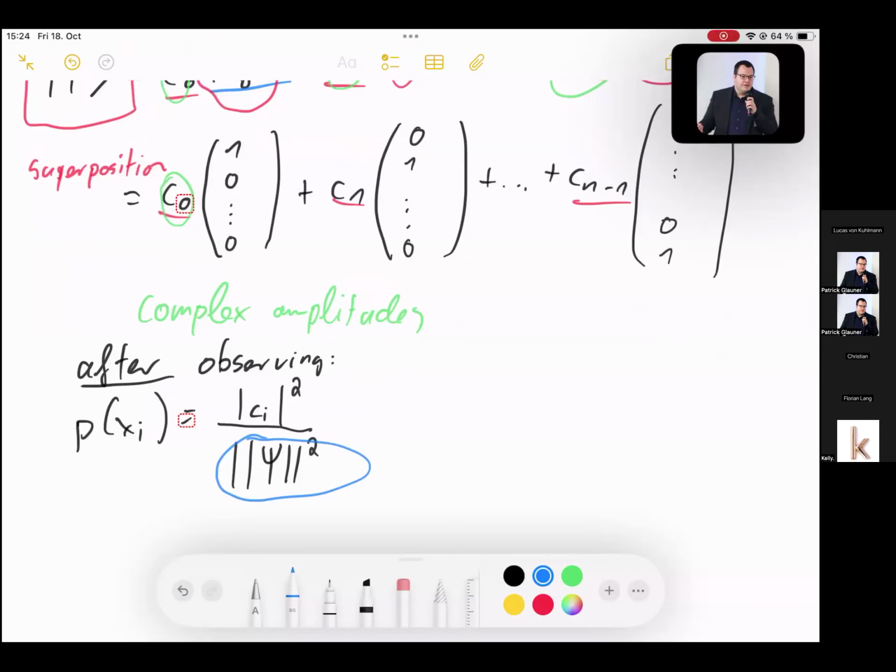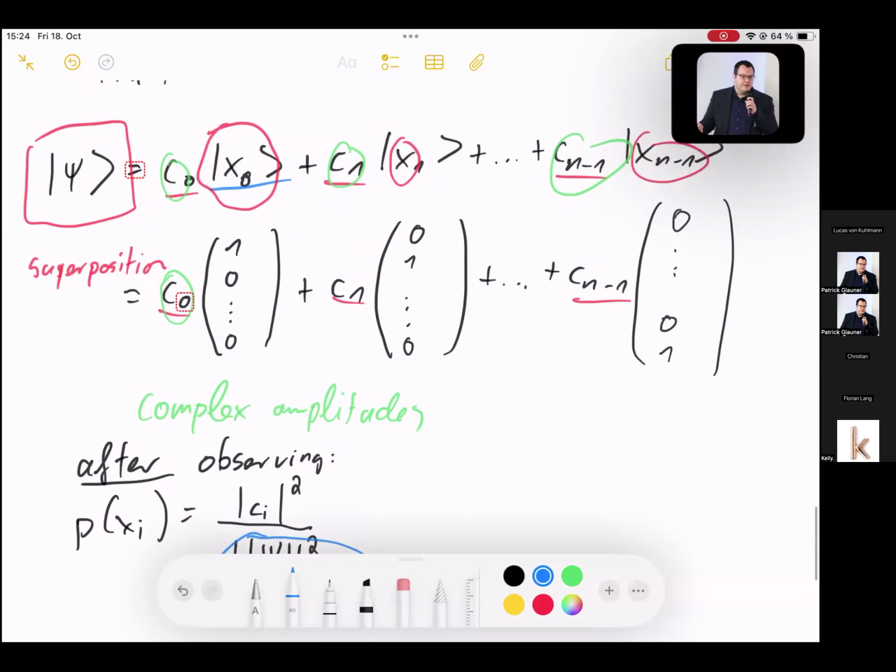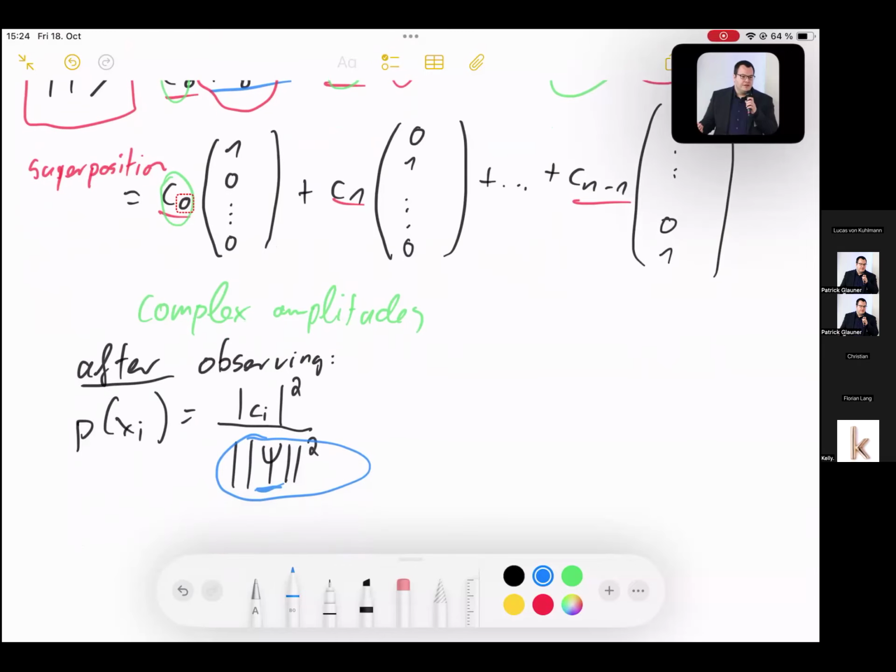So I have my psi, which is this one here. It's the vector I've been talking about the whole time, and we're looking at one of its positions, xi, and we need to calculate the, and there's a minor typo, unfortunately, because I wondered it didn't look correct.